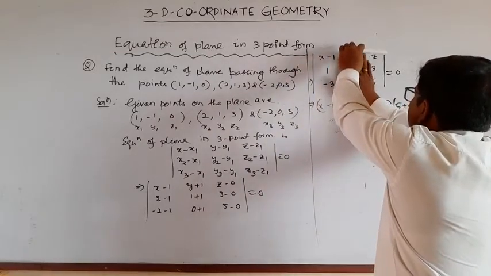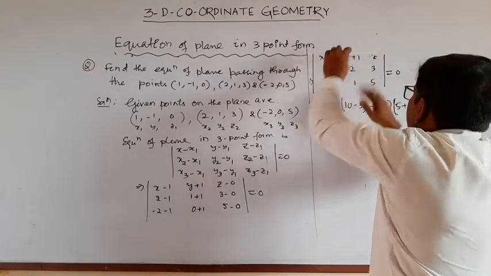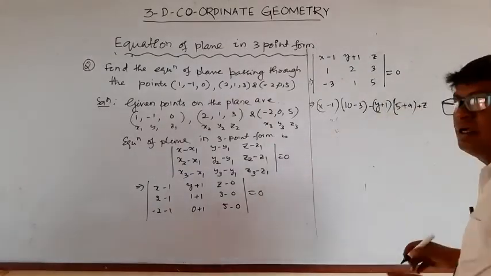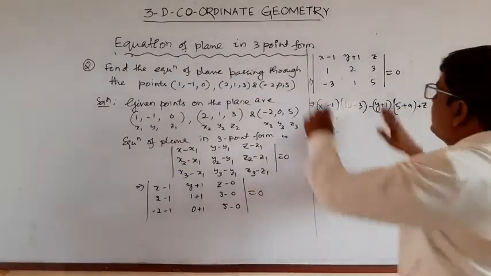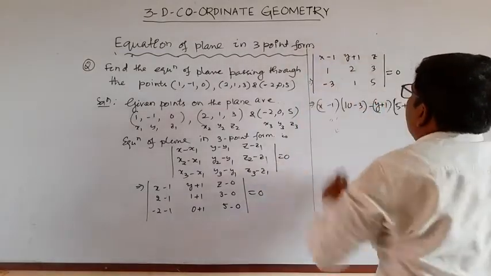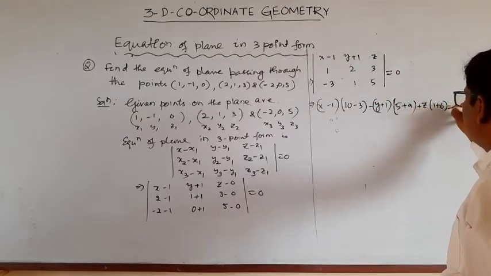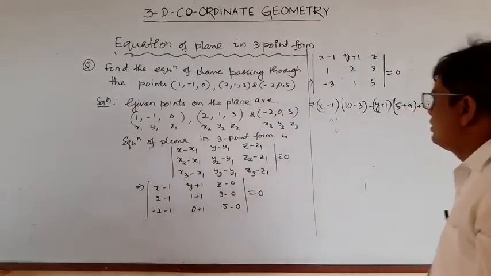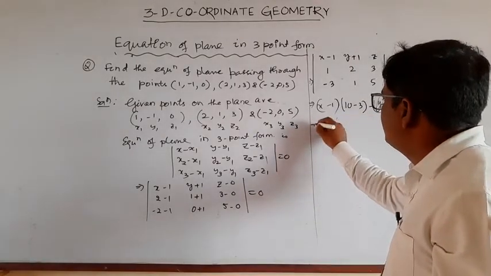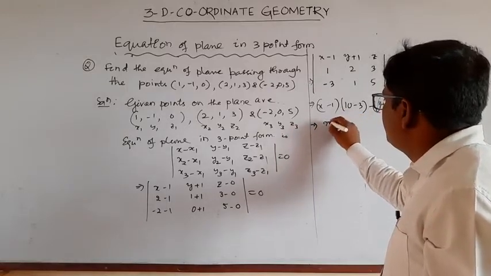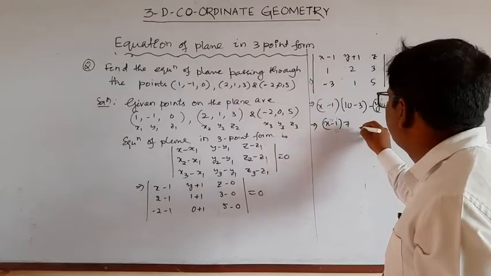Second y plus 1, 5 plus 9, and z into what? Cover this, 1 plus 6. 1 plus 6 is equal to 0. So this is x minus 1 into 7, 10 minus 3, that is 7.